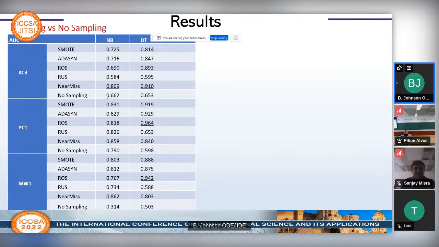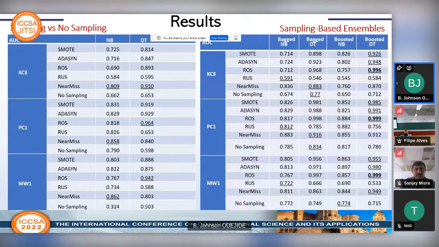So this is the case where it's not sampled. We didn't sample it, we didn't rebalance it. We have the naive Bayes. This is the AUC metric giving 0.662, and then we can see from the result that there is an impact that this rebalancing has on the data set.